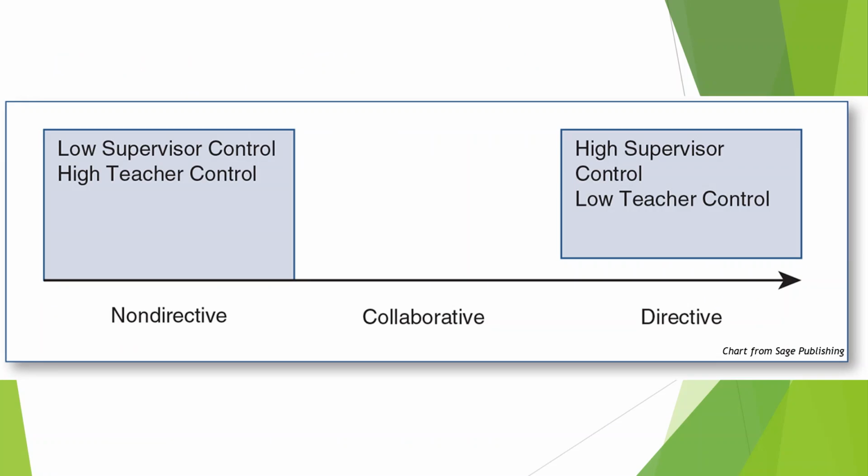So is this an example of a non-directive or a collaborative or a very directive supervisory style? And I would say it would be directive, because we are taking control of the situation. We're trying to help this young new teacher understand where they can improve, but we're going to have to give them more concrete steps to achieve that.